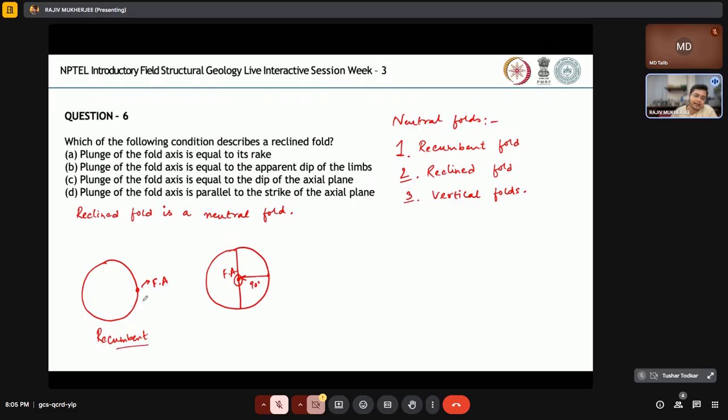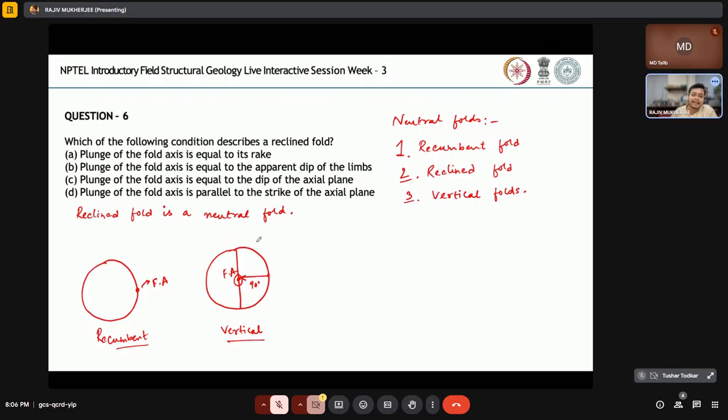for a recumbent fold we see that the fold axis is non-plunging, that means the fold axis is horizontal, and so is the axial plane. But then for vertical folds, the fold axis is 90 degrees, and so is the dip of the axial plane.